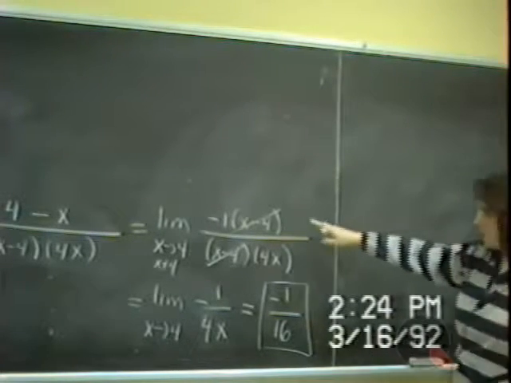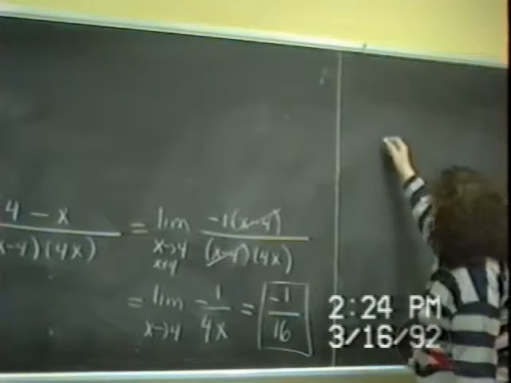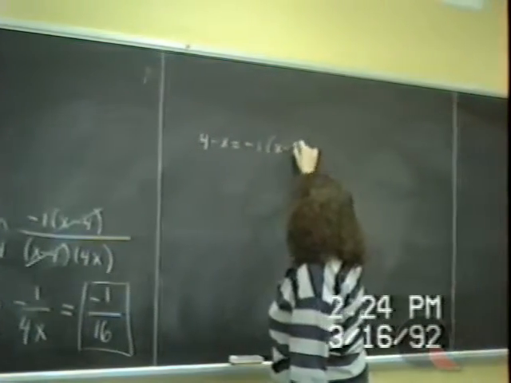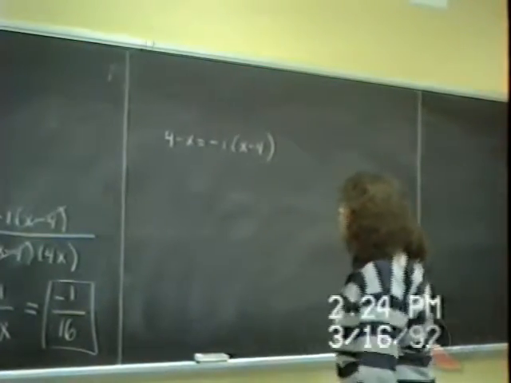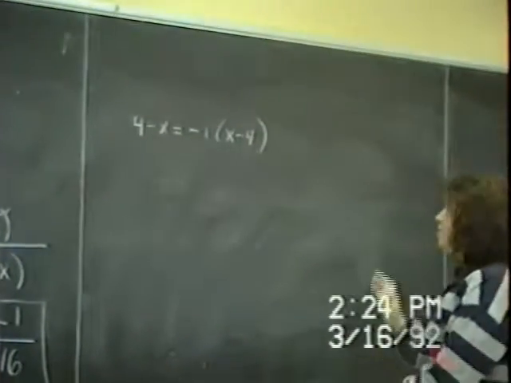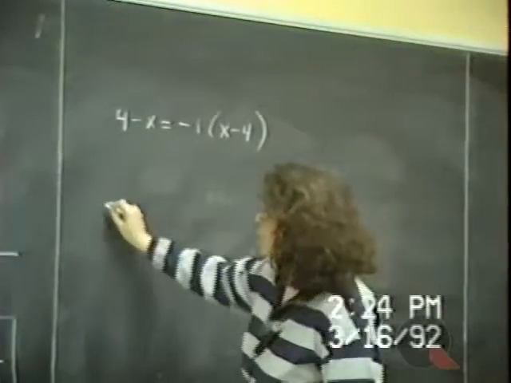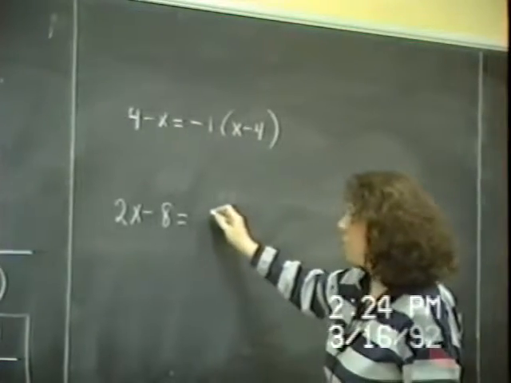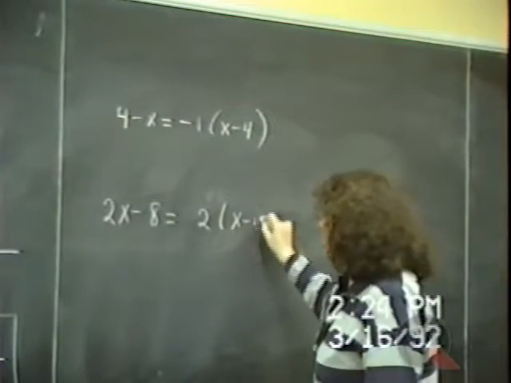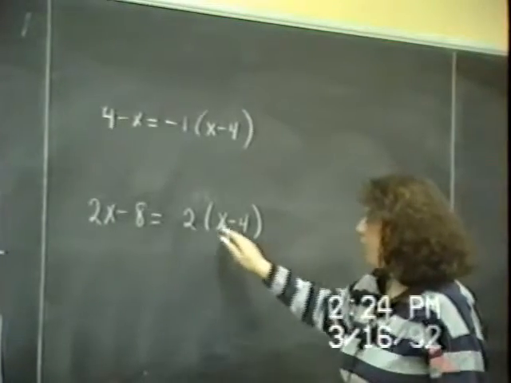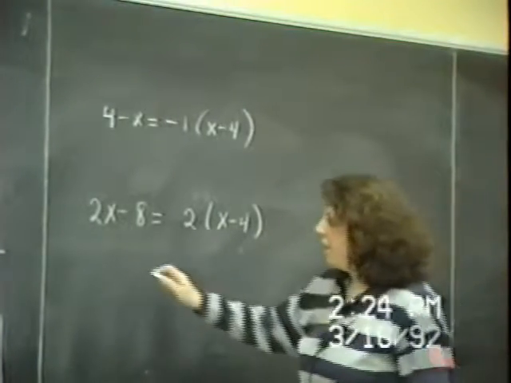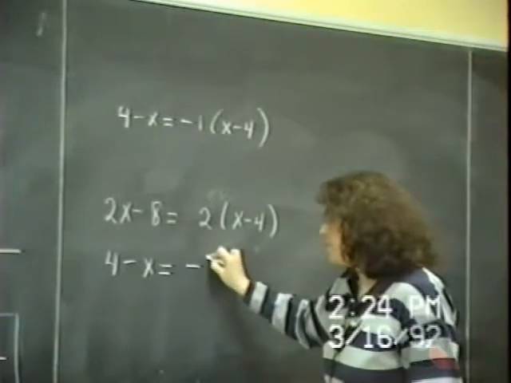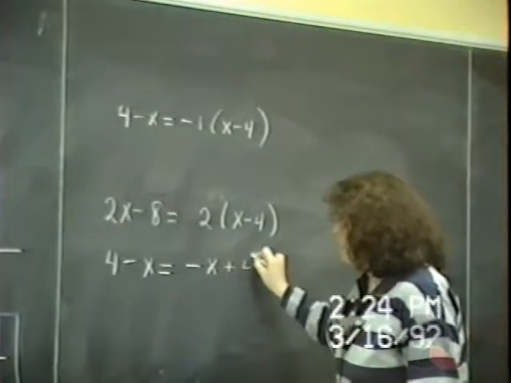Now, just a word about this factoring that I did over here. I said that 4 minus x was minus 1 times x minus 4. Now that's a little non-traditional factoring. If I had said 2x minus 8, I wanted you to factor that, I think most of you would be able to do this. You would say it's 2 times x minus 4. If we're dealing with 4 minus x, think of it as minus x plus 4.